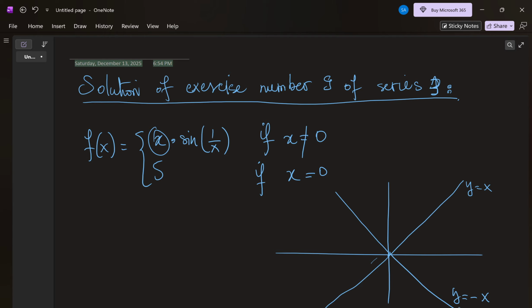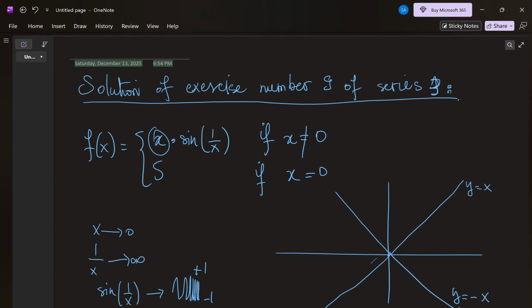Notice that when x approaches 0, 1 over x approaches infinity. In this case, the sine of 1 over x will oscillate between the two values of plus 1 and minus 1.